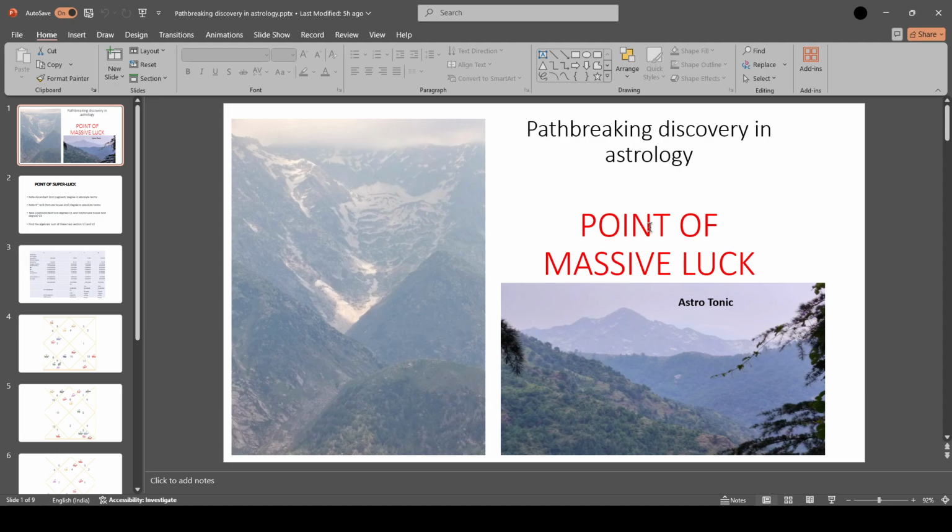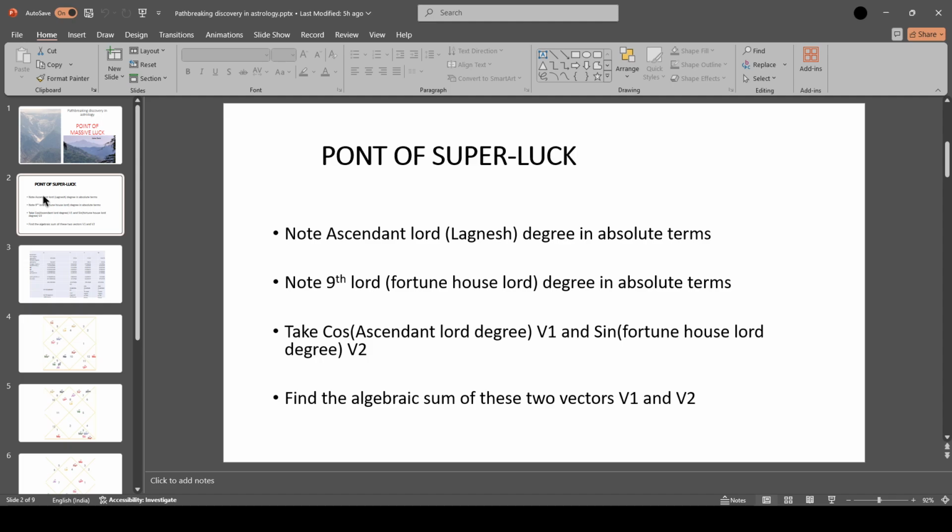Whenever there is a planetary alignment in a certain way, it helps achieve higher goals and massive success. We are going to discuss the point of super luck, or POD. This is a totally novel concept in astrology.